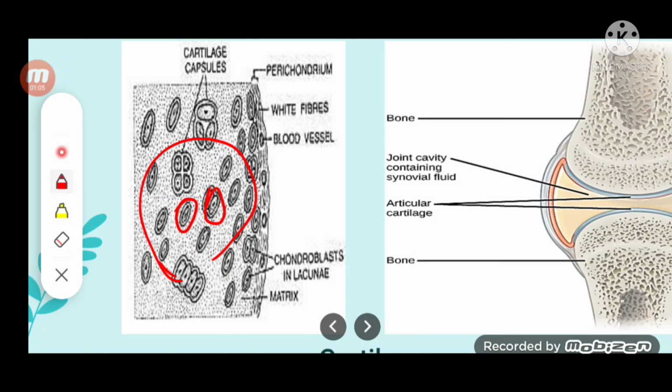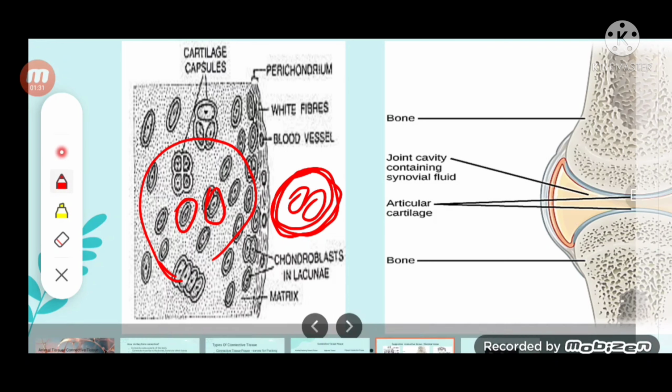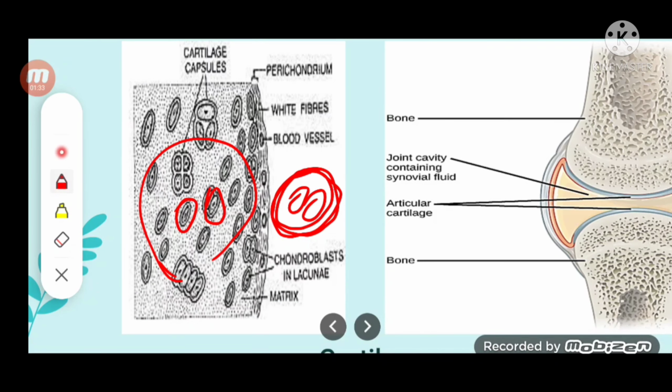They will always be in groups of 2, 4 or 8, and they will be present in fluid filled spaces which are known as lacunae. Inside these lacunae, these chondrocytes will be present, and white fibers will also be present. Blood vessels are also there. So this is about the transverse section of cartilage.